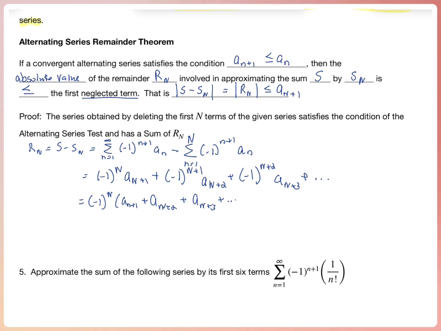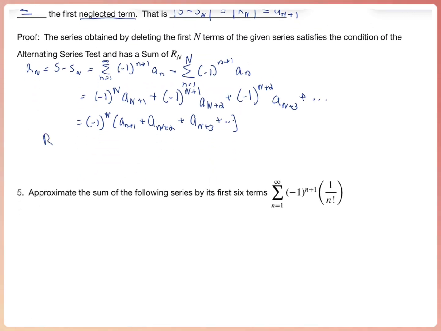So that tells us that the absolute value of r sub n, our remainder, is equal to a sub n plus 1 minus a sub n plus 2 plus a sub n plus 3 minus a sub n plus 4 plus and so on. And so the absolute value of r sub n is equal to that term that I just stated. And let's group some terms together.